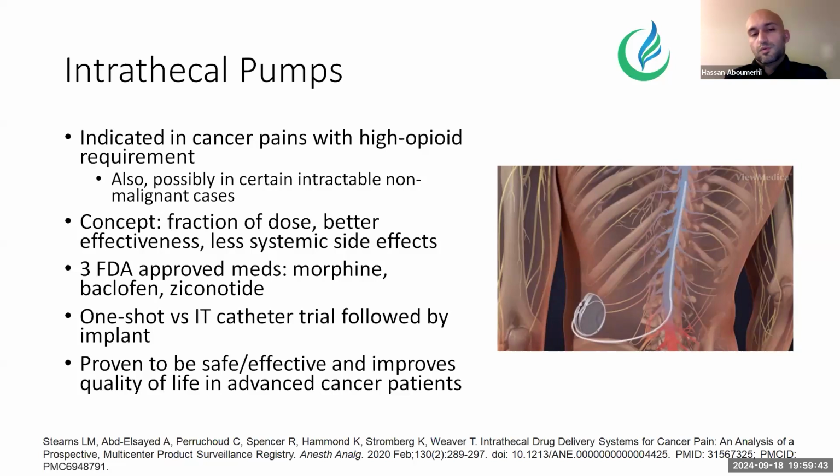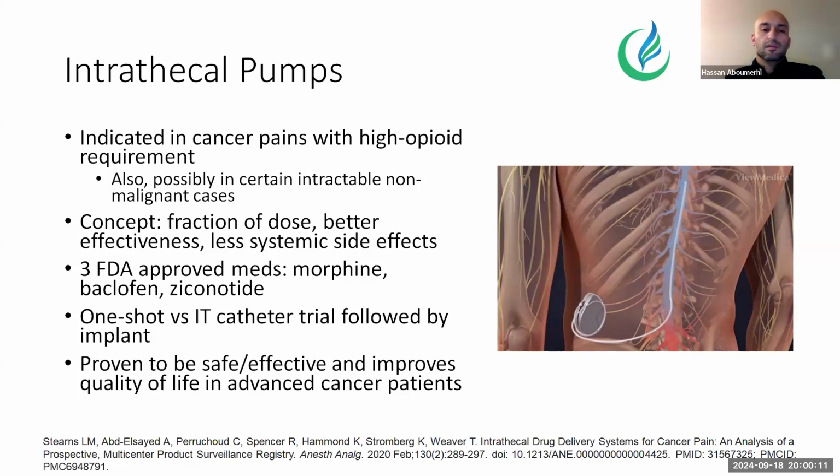There are 3 FDA-approved medications, and only one of them is an opioid: morphine, baclofen, ziconotide. But there's a few other medications that are used more often that are technically off-label. Similar to committing a patient to a spinal cord stimulator, patients can undergo a trial, or should undergo a trial, first prior to the implant.